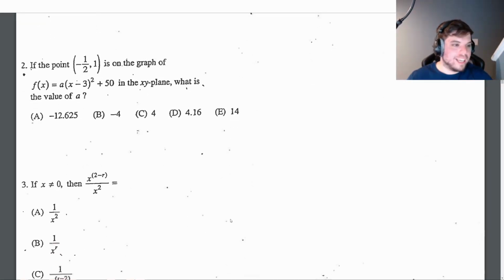12. Again, I didn't have to scroll. If the point negative 1/2, 1 is on the graph of that in the xy plane, what is the value of A?